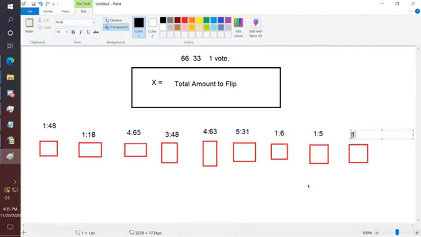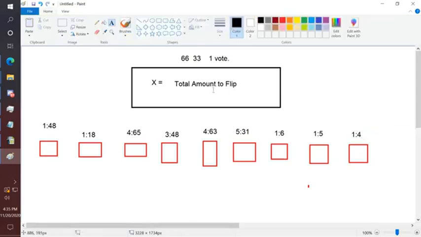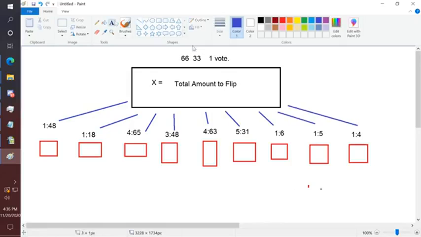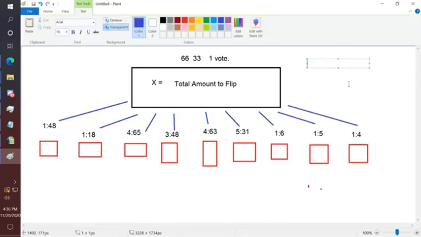So what I think it does, I'm pretty sure this is what it does. It says I'm going to take the total amount of votes that needs to be flipped, and I'm going to separate them like this. So it will split the X into 9 parts. So let's just say, to make up the amount, Biden needs 100,000 votes. Let's do something that goes with the ratio.